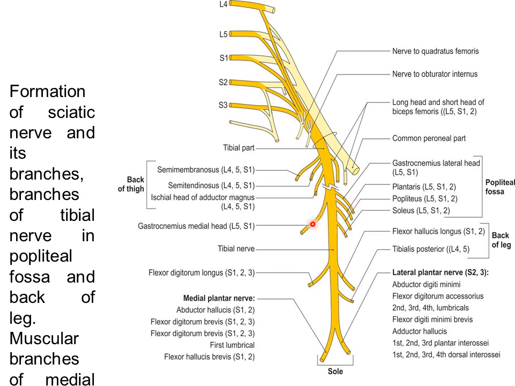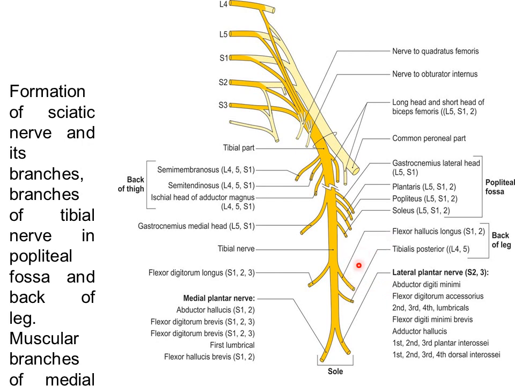And one branch from the medial side of the tibial nerve is gastrocnemius, medial head. Then we have the terminal branches, the medial plantar nerve and the lateral plantar nerve.